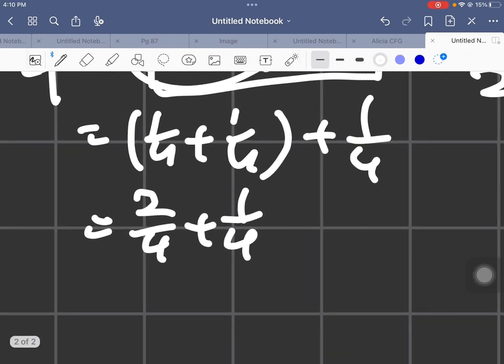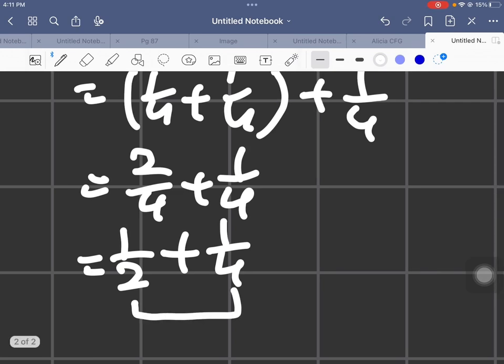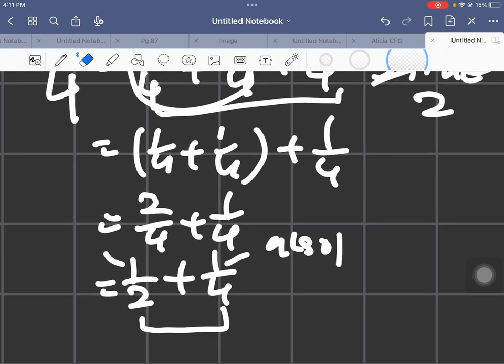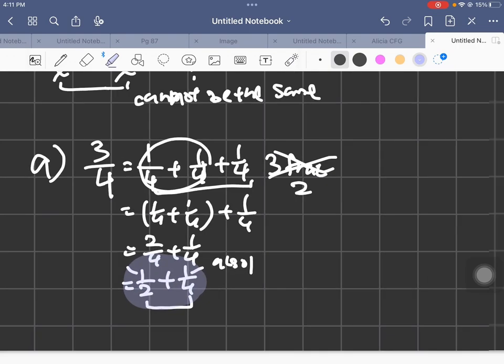But 2/4 can be simplified as 1/2. So now we have fulfilled the requirement: these 2 do not have the same denominator, and the numerator is also 1. So the answer for A is 1/2 plus 1/4.